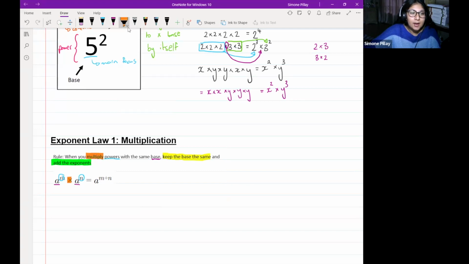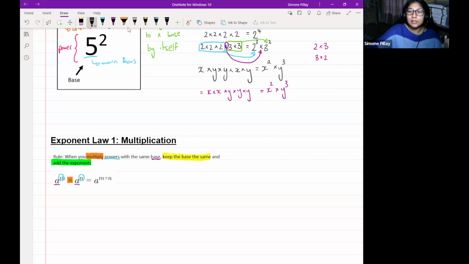And I am multiplying over here. So this is how we know when you can apply law 1: you have to have the same base and you have to be multiplying. If those two criteria are met, boom, you can apply law 1.